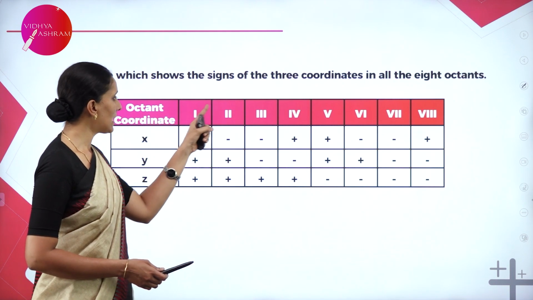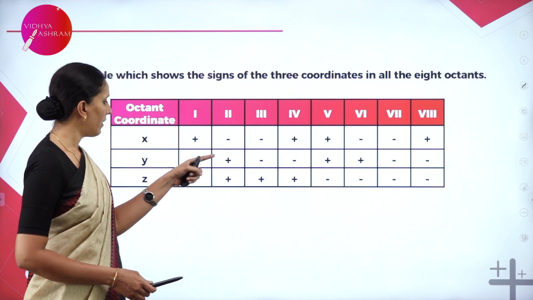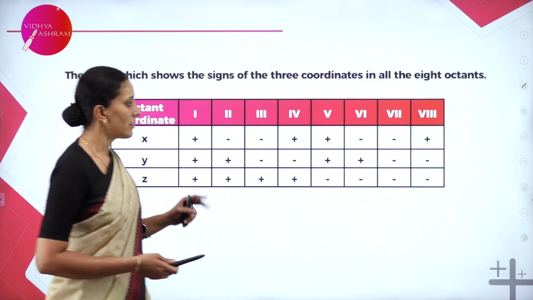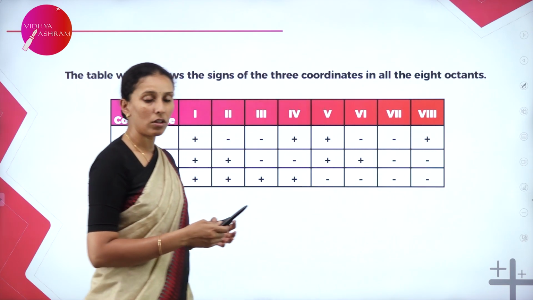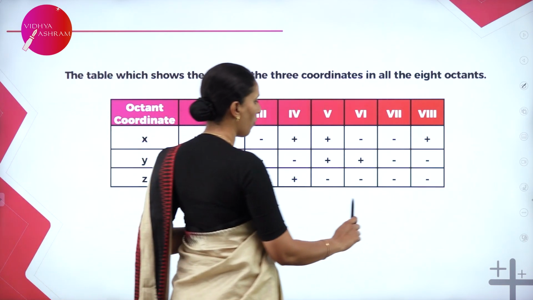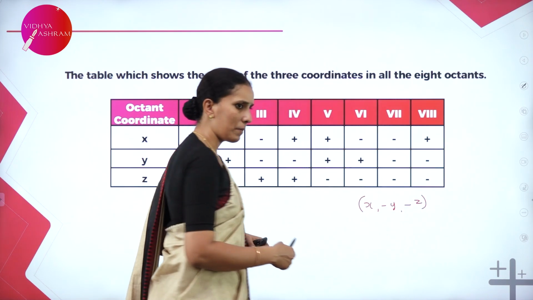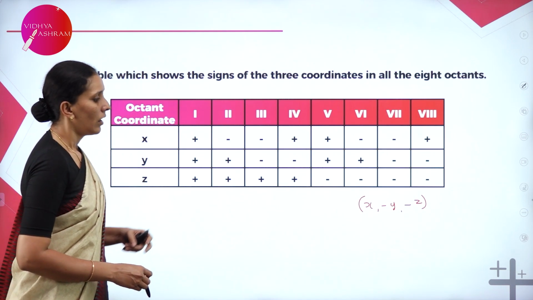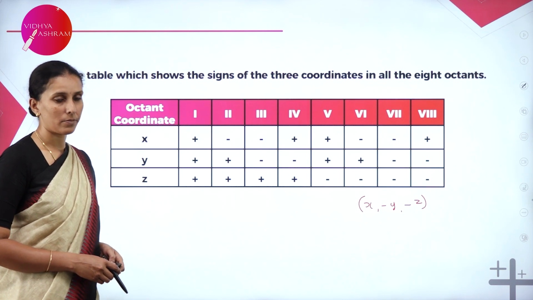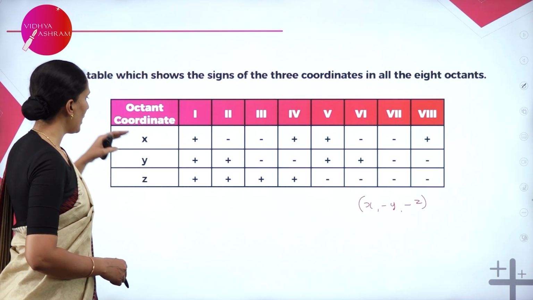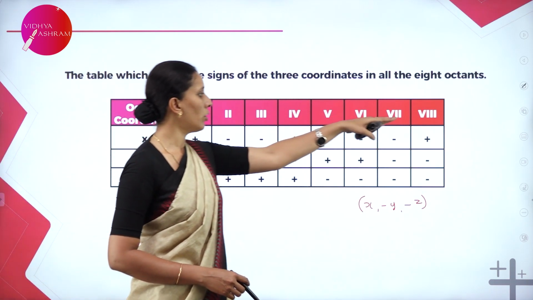Now if a point lies in the second octant, then its x value is minus, whereas the y and z values are plus. Similarly, if you go on to the last octant, the 8th octant, any point which lies in the 8th octant will have the sign form x plus, y minus, z minus. It is easy to remember: write down the x coordinate, y coordinate and z coordinate signs for all the octants.